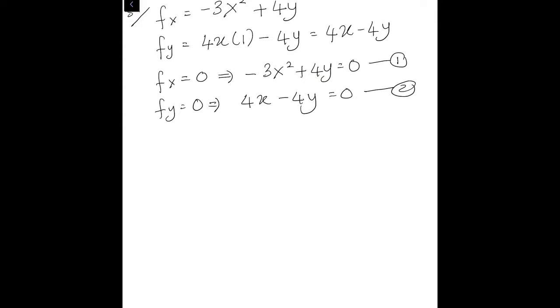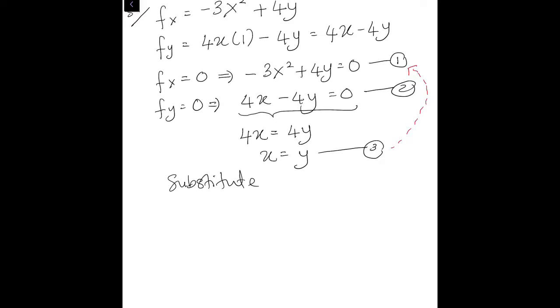Here, you have to use your skill in simultaneous equations. What we have to do is solve equation 2 and we get x equal to y. This becomes equation 3. Substitute equation 3 into equation 1. Replace y equal to x and we get this.